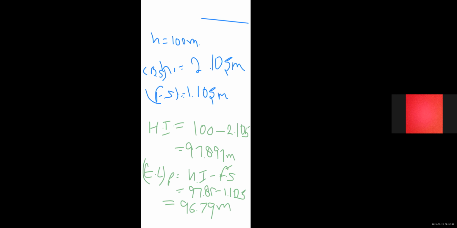Curvature correction of staff reading in a differential leveling survey is either always subtractive, zero, additive, or dependent on latitude. Which answer is correct? Curvature correction of staff reading in a differential leveling survey is always subtractive.